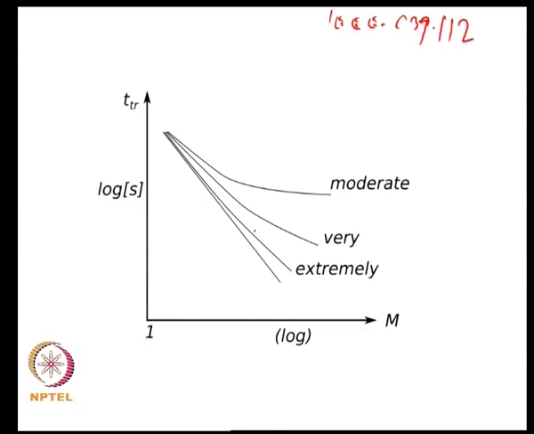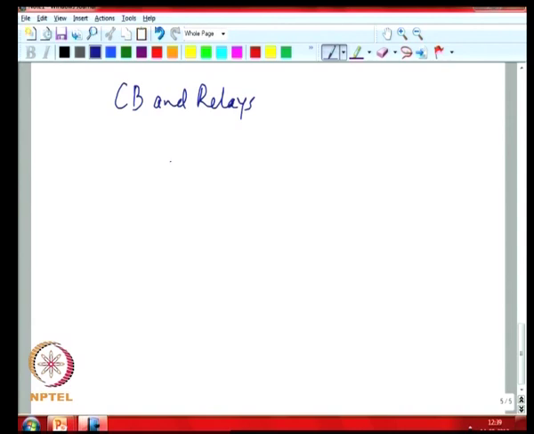For the extremely and very inverse types of characteristics, essentially you could consider P approximately 2, and the expression for your trip time can be written as, assuming your B is small, essentially the definite time is small, and for m much larger than 1, you could take this as approximately A by m squared.